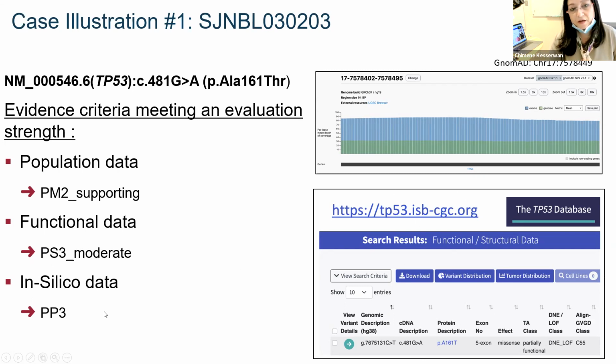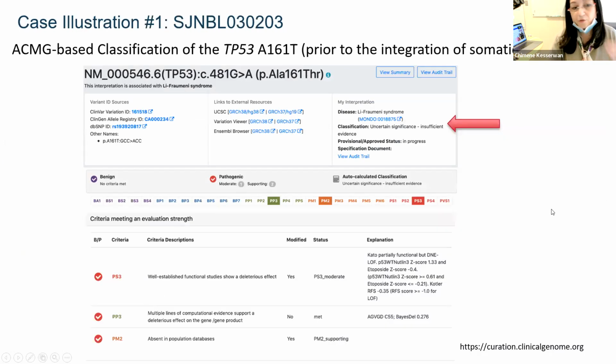and in silico data, according as well to the VCEP rules classification, received supporting evidence. We now have BS2 supporting, PS3 moderate, and PP3. If we import all this to the ClinGen variant curation interface, it will give us an uncertain significance.